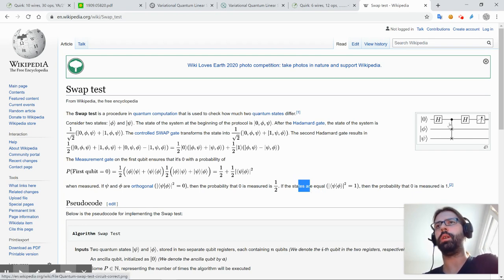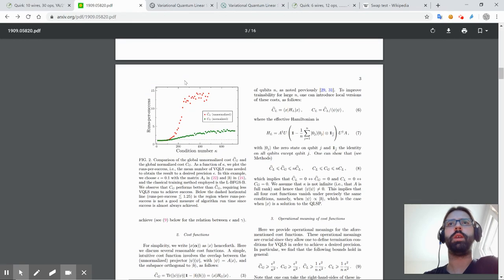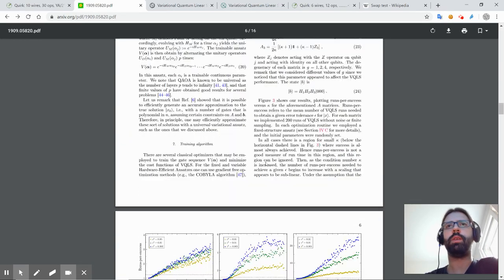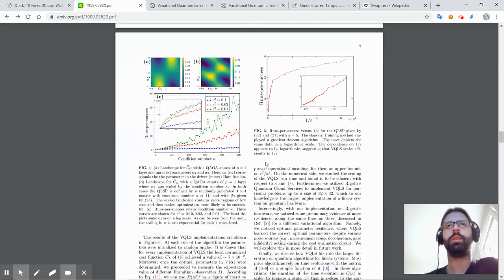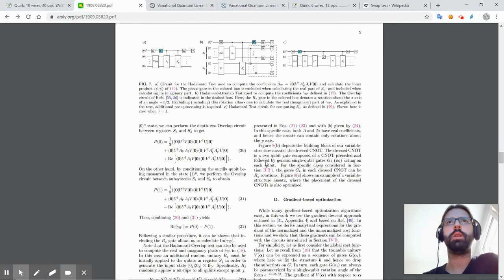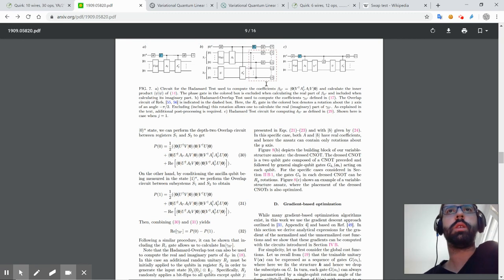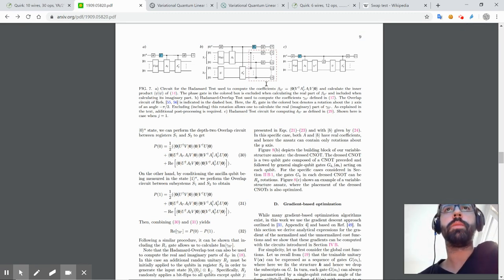Okay, but is this overlap test based on that? It seems to be a different thing, doesn't it? Because it's not using an extra ancilla qubit.